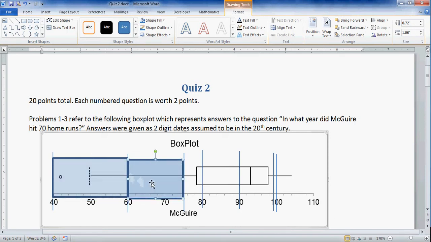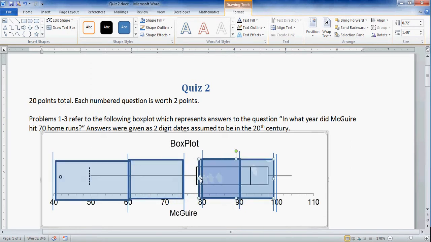This is for question part B. Here's the third. Here's the fourth. And finally the fifth. It's that little sliver, so small that it's not going to look very big at all.